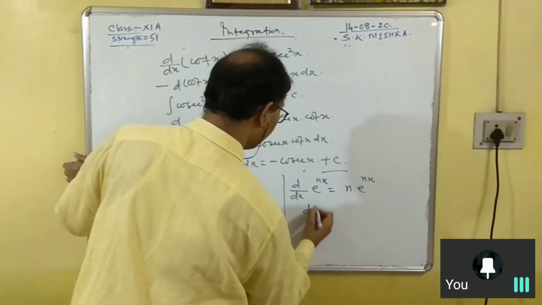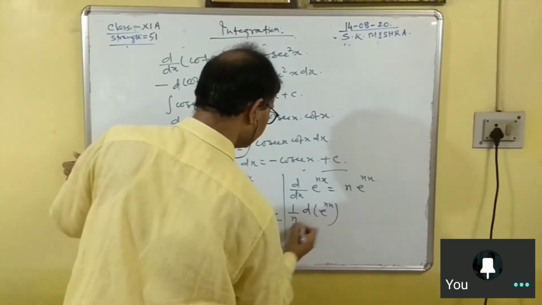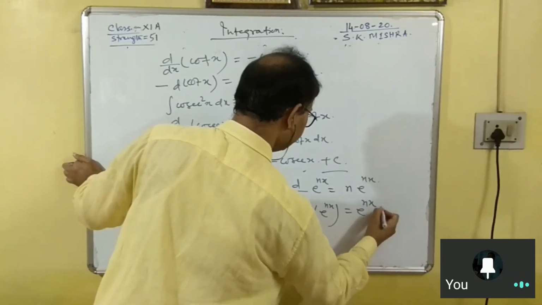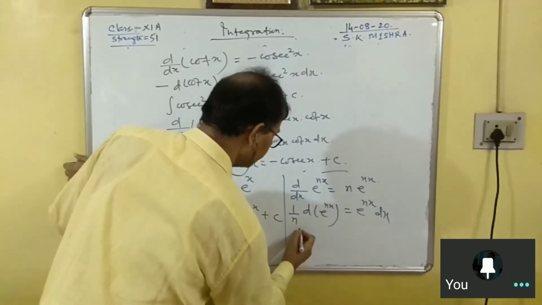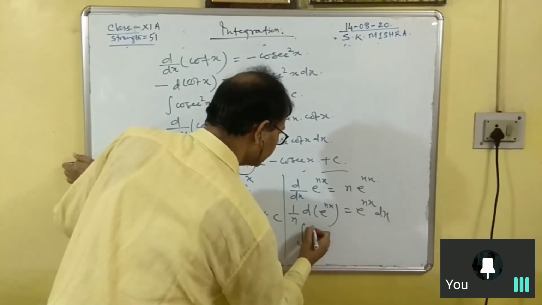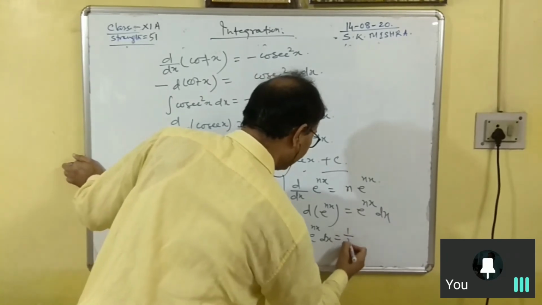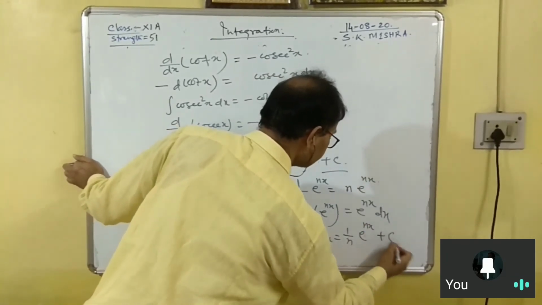So d of e raised to nx, then 1 by n, and this side is e raised to nx dx. Dx is transferred to the right side. Integrate it. So integration of e raised to nx dx is equal to 1 by n e raised to nx plus some constant c.